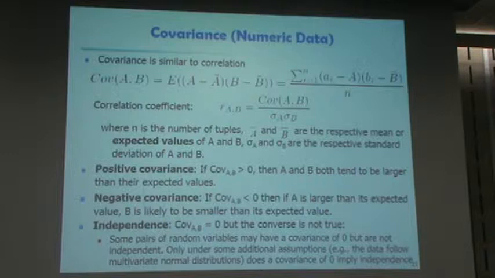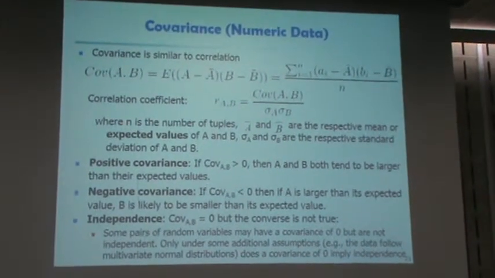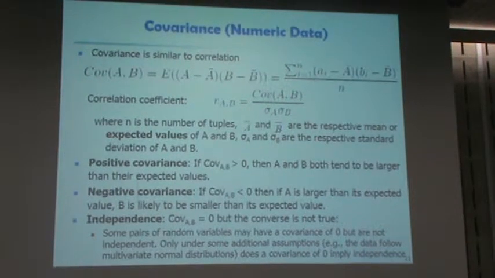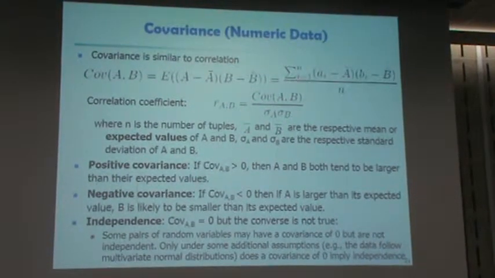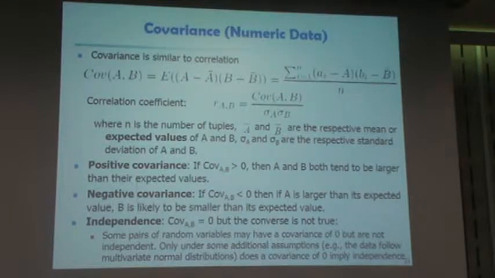Also, covariance is used a lot. Covariance is similar to the correlation. The difference is covariance is derived from the correlation and the standard deviation of the data.